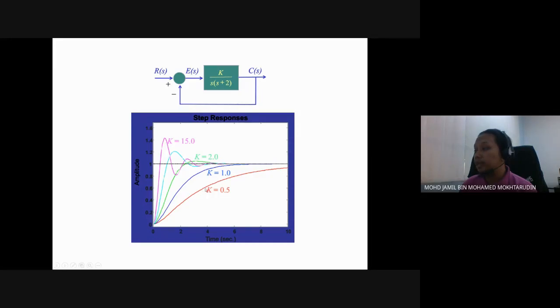Then when you use a different k value, for example k equals 2.0, the time response will be slightly different. It has overshoot here. And then when you increase k, let's say you use k equals 15, then the system will be overdamped and has some ripple before reaching the steady state value.